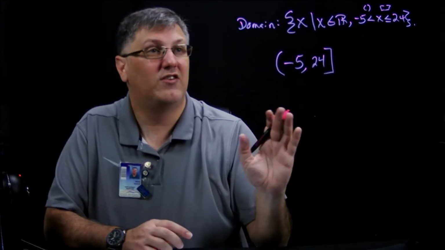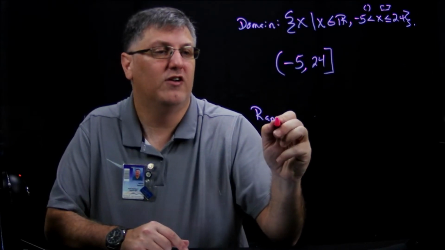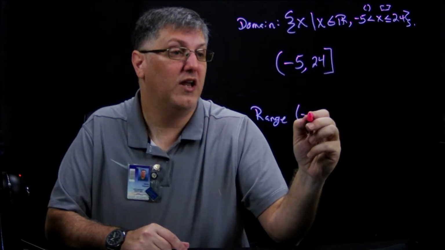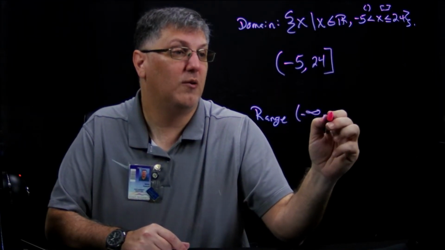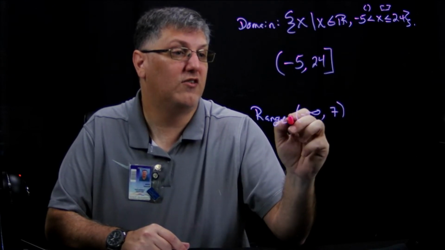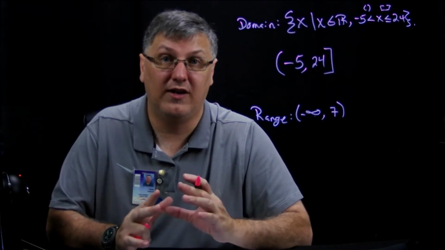Now, let's say we want to go the other way, and we have the range. So say I have a range from -infinity up to 7, and that's it. That's my range. And I want to write this in set notation.